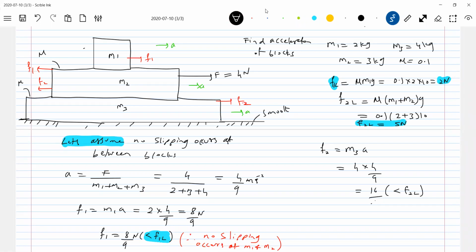This will be around 1.8, no? So what is the conclusion now? Therefore, here also no slipping occurs at M2 and M3.